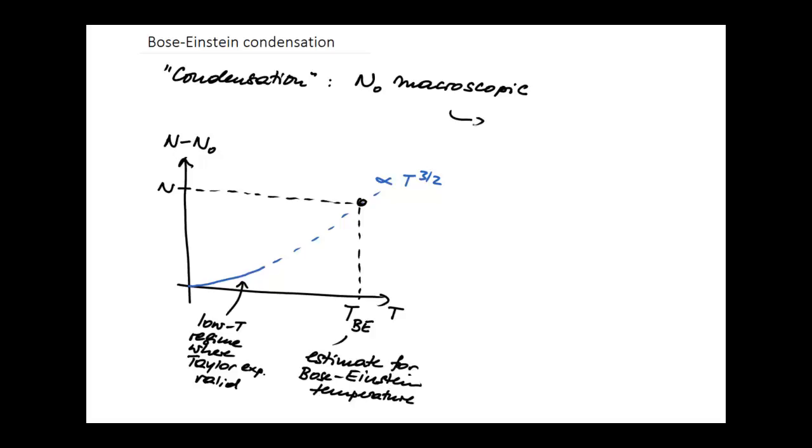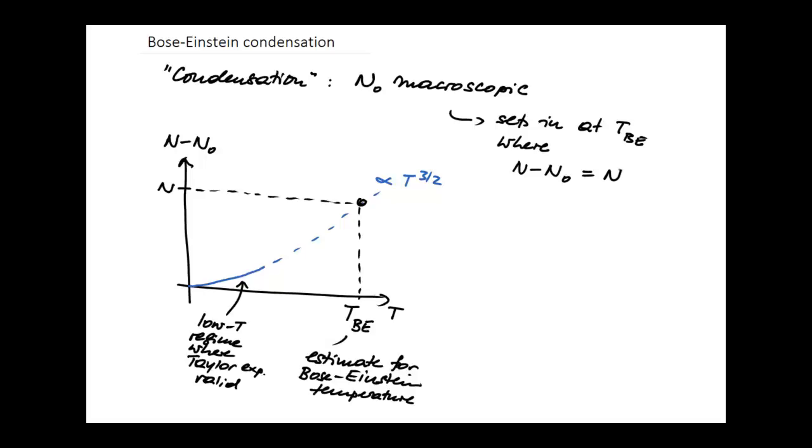So according to this idea, we can say that condensation sets in at the temperature, the Bose-Einstein temperature, where N minus N naught, so the number of uncondensed particles, is equal to the total number of particles.